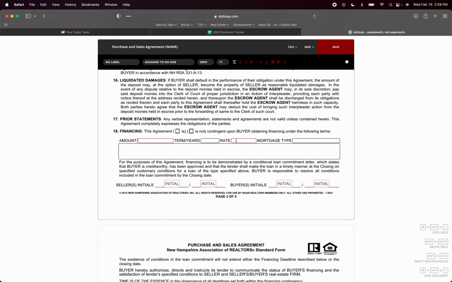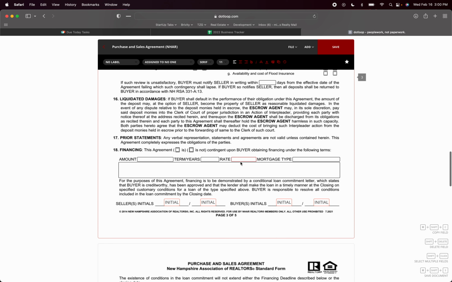For rate here, frequently we'll see something like current or prevailing. If you do know that your buyer is really tight on being able to afford the loan, or if we're in a more volatile market where interest rates may be expected to fluctuate, you may want to put an actual number here, so that if interest rates suddenly spike, for instance, your buyer is not obligated to purchase a property when interest rates have increased dramatically, which would have a pretty significant impact on their ultimate monthly payment.